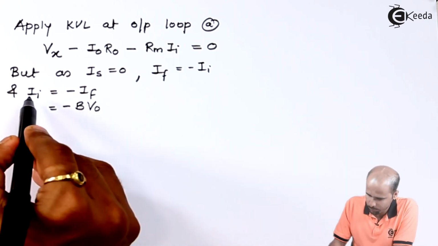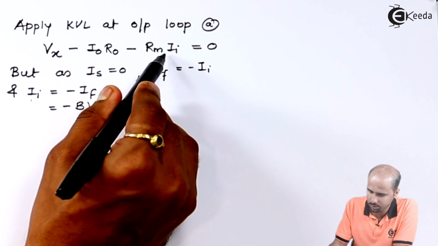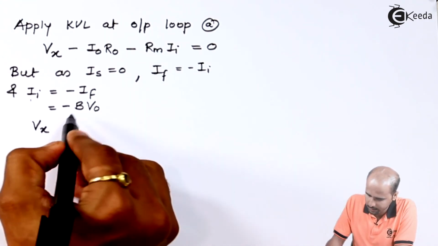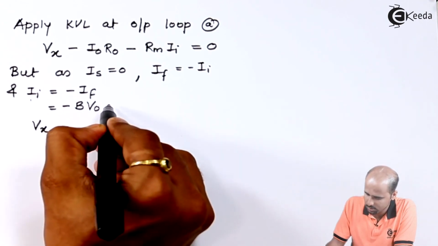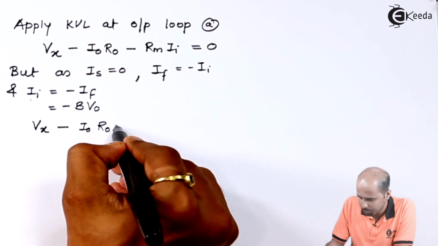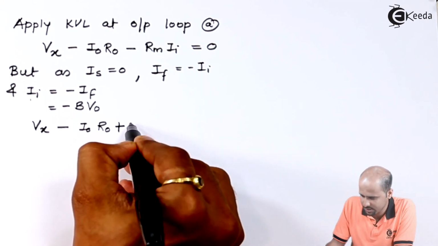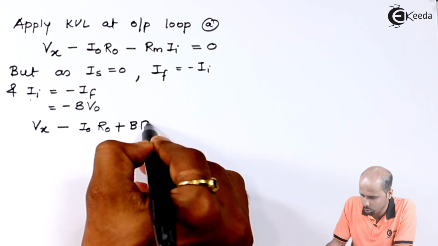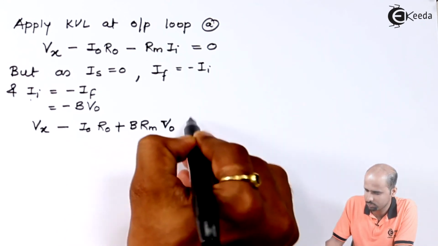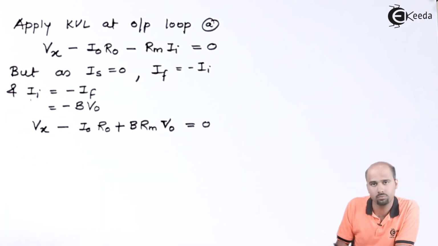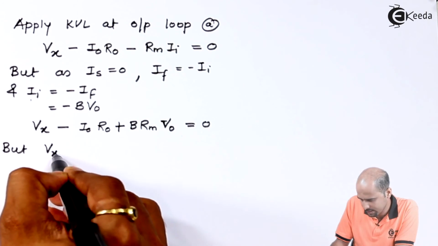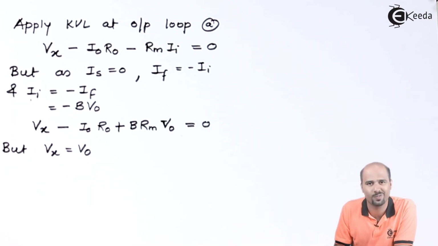We put this into the equation, and it is very simple to get Vx minus IO into RO, minus of minus becomes plus B into Rm into VO is equal to 0. Also we note that Vx is equal to VO itself.